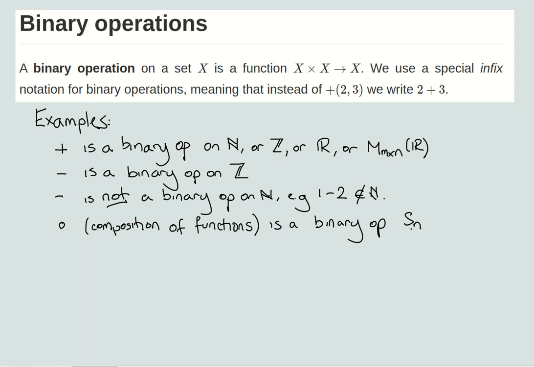You'll remember we defined Sn in the very first part of our course to be the set of all bijections from the set 1 up to n to the set 1 up to n, in other words, all the permutations of the set 1 up to n.